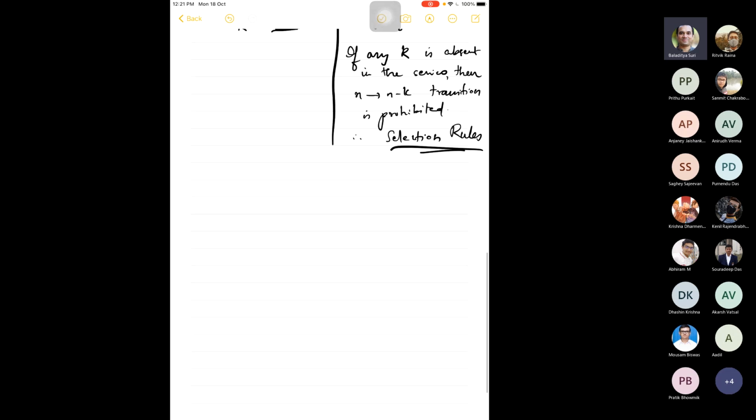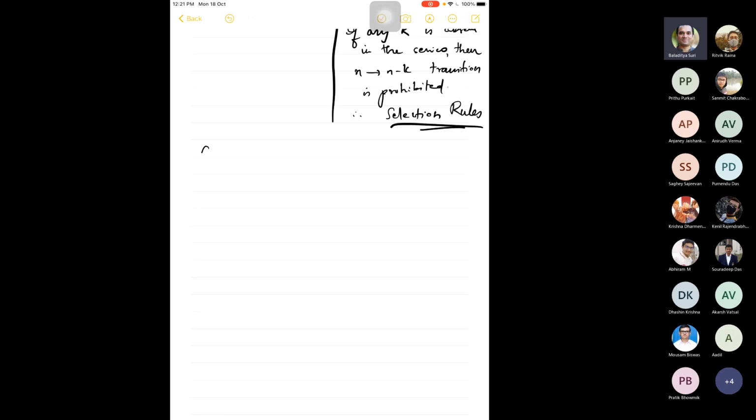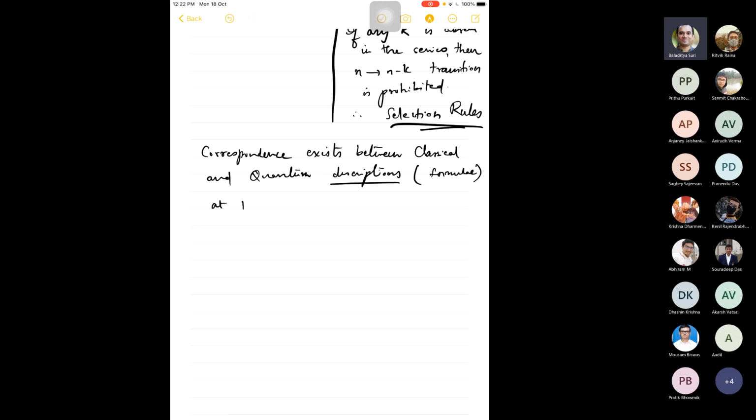So correspondence exists between classical and quantum descriptions, and a more straightforward word would be formulae, in the large n limit, large quantum number.